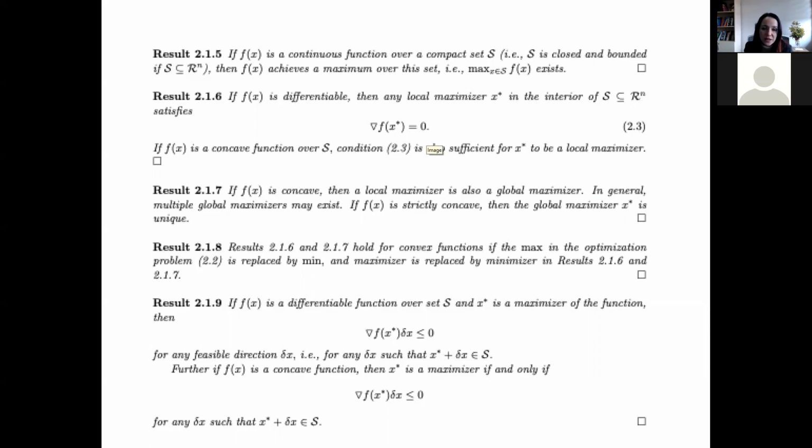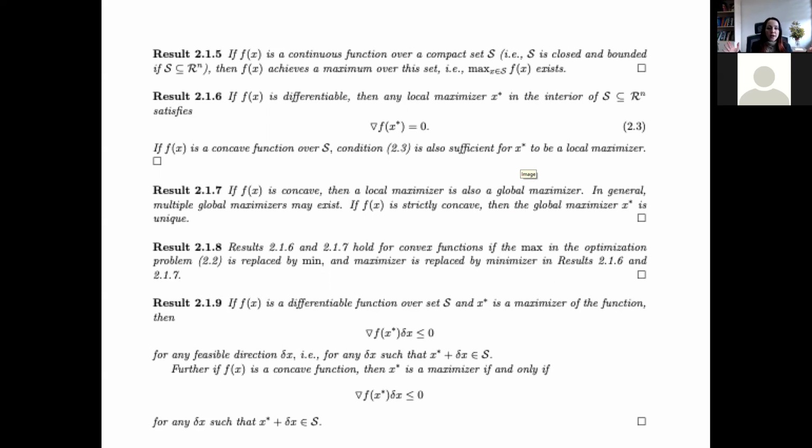Now, if f is a concave function over S, a function that looks like a downward-looking cup, then this gradient being 0 at x star is also sufficient for x star to be a local maximizer.